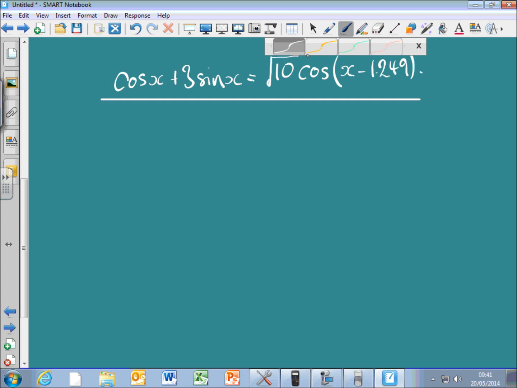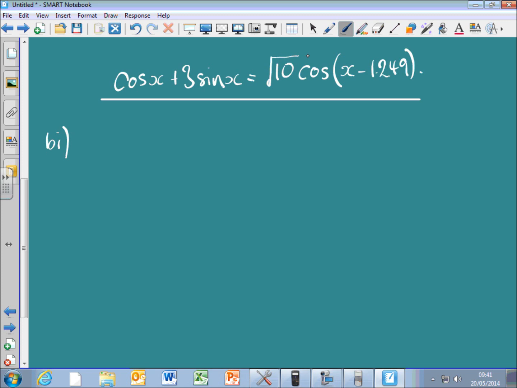Okay, so now for part B, we want to write down the minimum value of cos x plus 3 sine x. Well, the minimum value is going to be when cos of x minus 1.249 is negative 1.